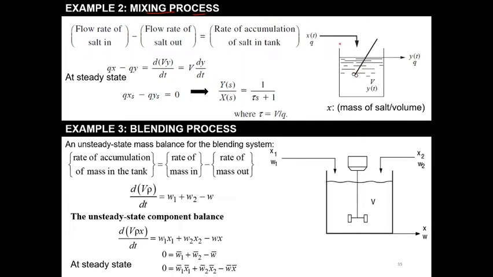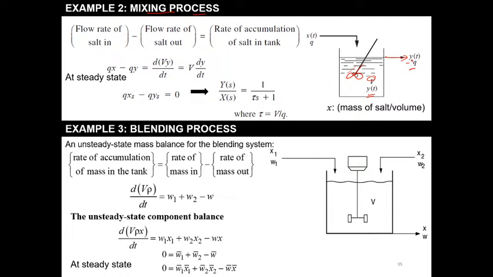This Xt concentration of the liquor is going to mix with the help of a stirrer. The volume of the tank is V, the concentration becomes Yt, and the product output has concentration Yt with flow rate Q.